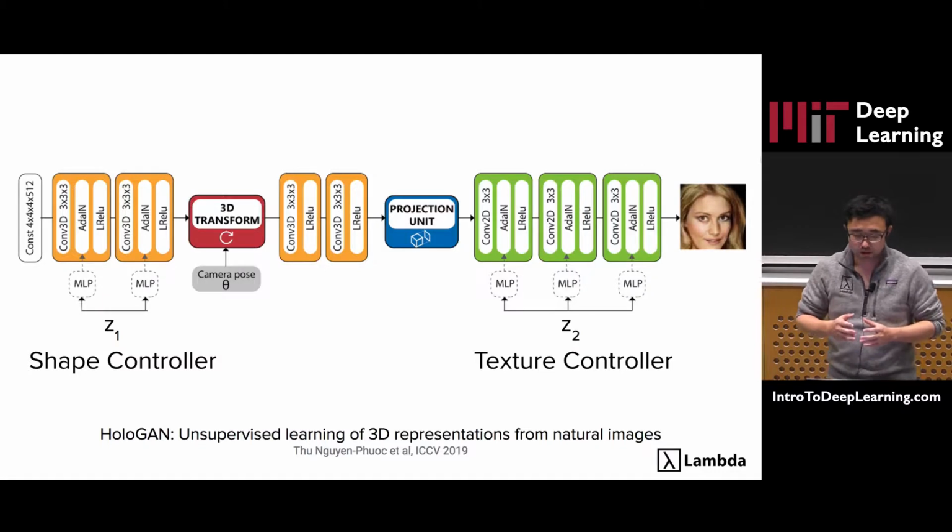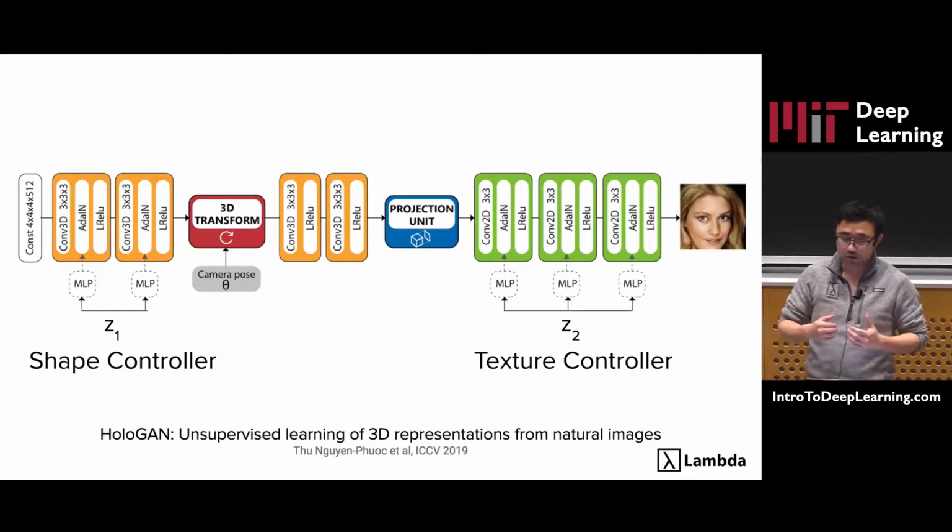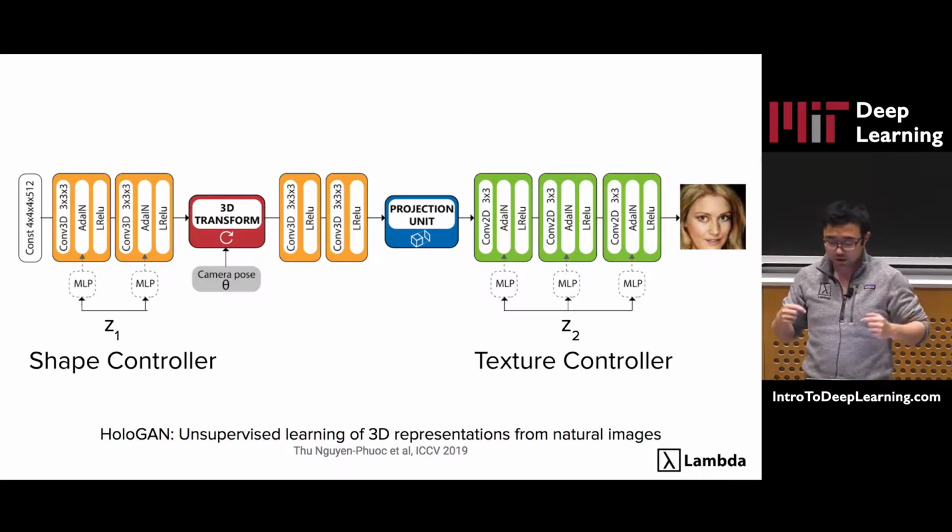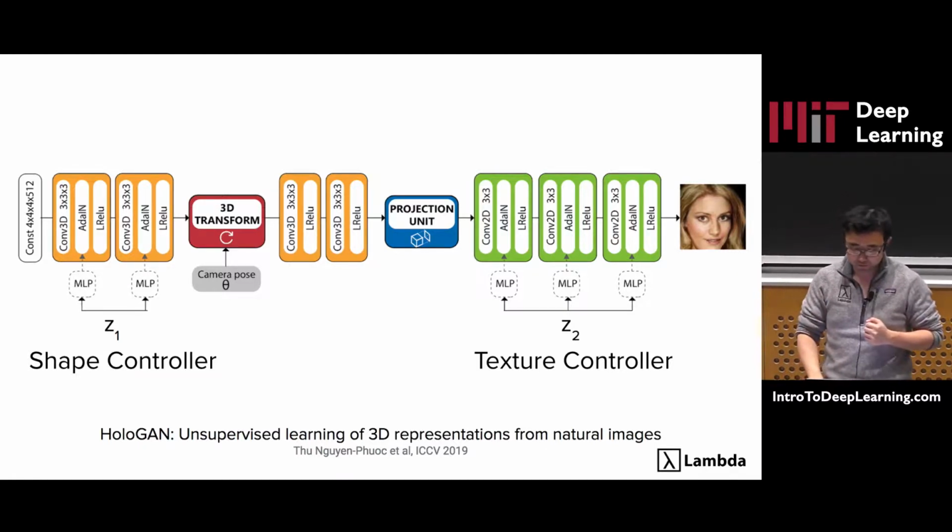Another surprise is the network is able to further decompose the appearance into shape and texture. As a test, we feed two different control vectors, one to the 3D part of the network, the other to the 2D part of the network. And it turns out the controller fed into the 3D part of the network controls the shape, and the controller fed into the 2D part of the network controls the texture.